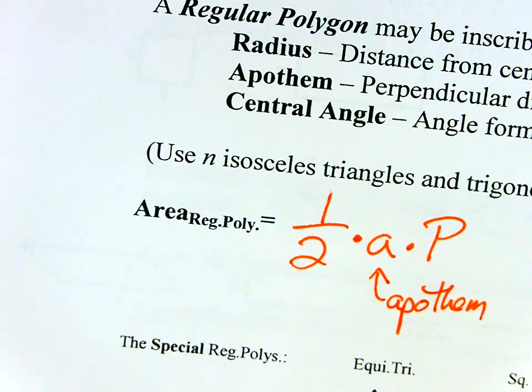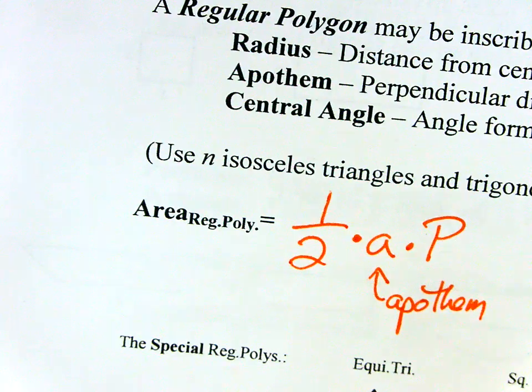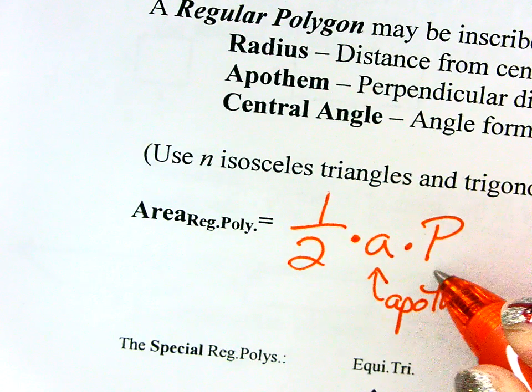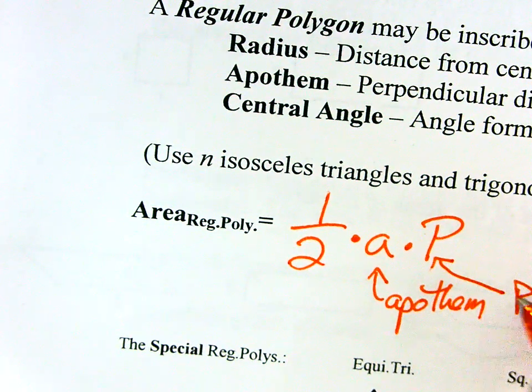What do you suppose capital P is? Yes, it's the perimeter of your shape.